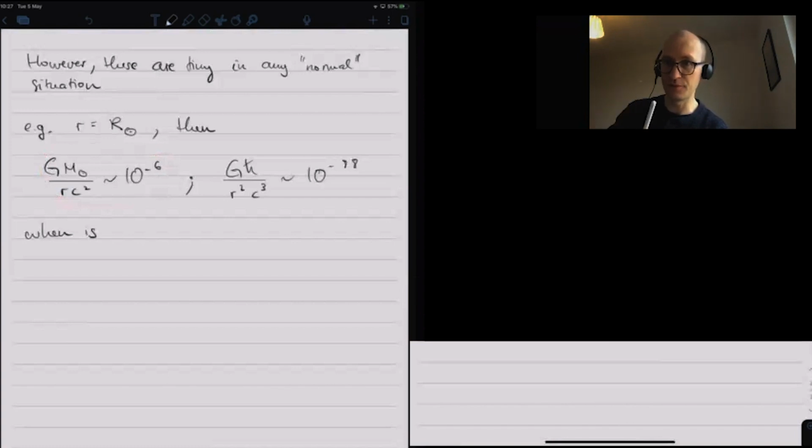Maybe some of you are more experts than this, but I don't think these post-Newtonian corrections have yet been measured, but that's obviously some kind of target for experiments like LIGO and so on. But focus on the quantum thing. So let's ask the question: when is this quantum correction, G h bar over r squared c cubed, an order 1 correction? Any guesses?